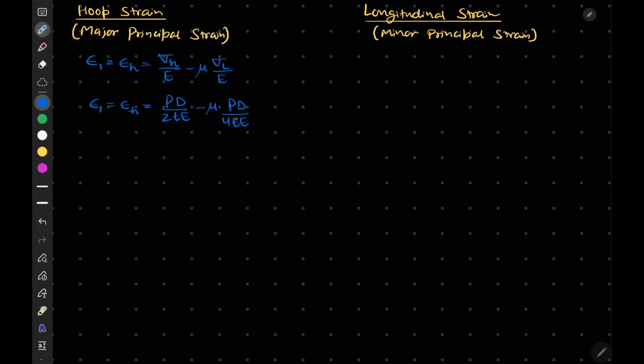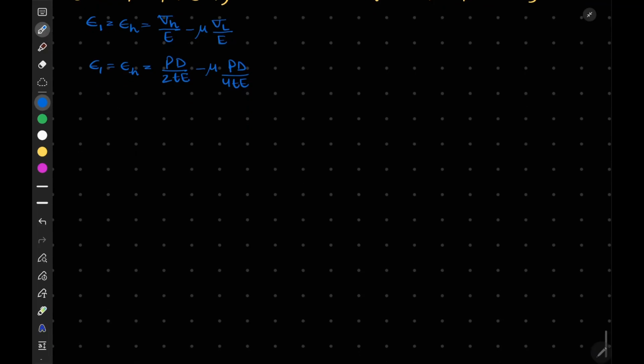If we solve this, epsilon h is equal to PD by 4TE times (2 minus mu). This is your relation for hoop strain.